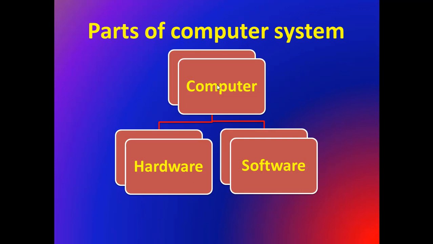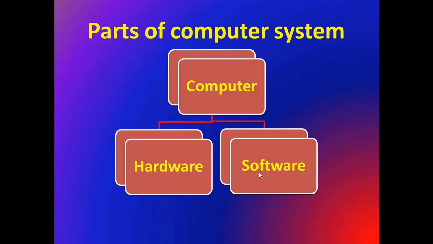Hardware is what you can see, the physical parts of your computer system, like your monitor, keyboard, speaker. Second is software. We cannot see the software, we can just feel it. Software is all the programs which run on your computer system.